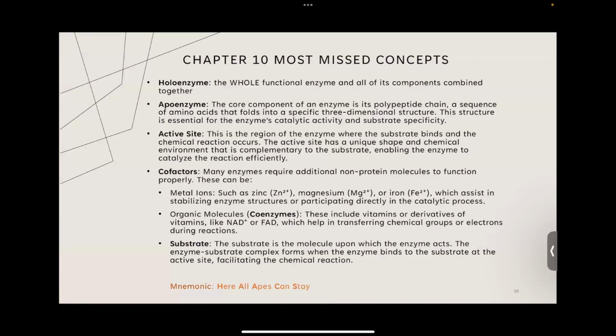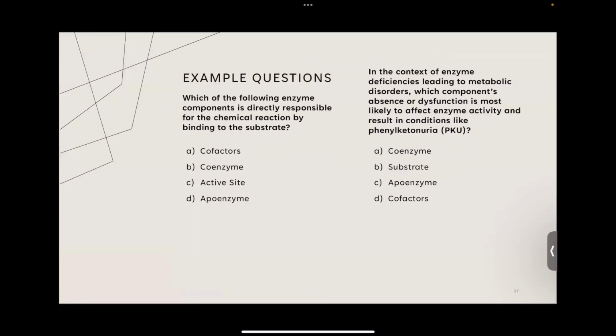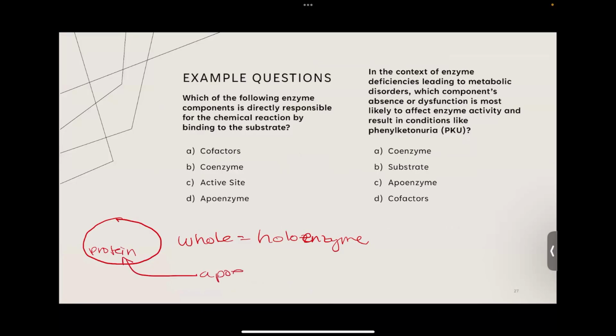Finally, into chapter 10, I think we have a couple questions for it and then we'll be done. The enzyme structures. So the holoenzyme, the apoenzyme, the coenzyme. So the whole functional enzyme, we call the holoenzyme. The protein part is called the apoenzyme.